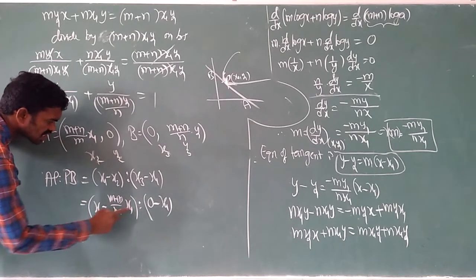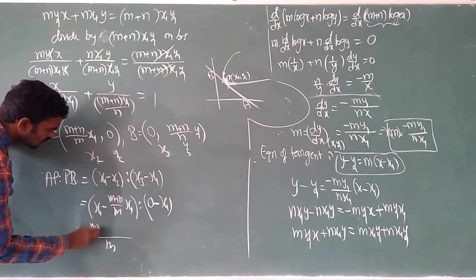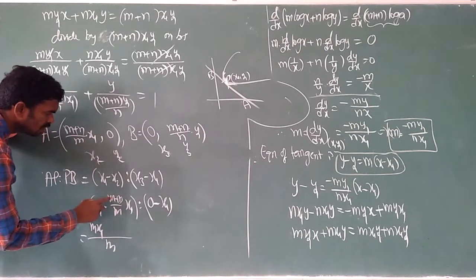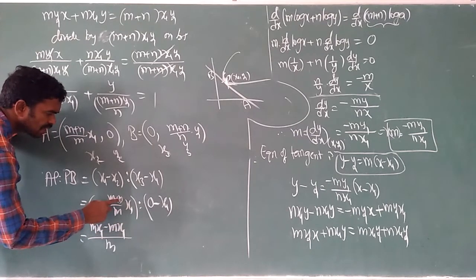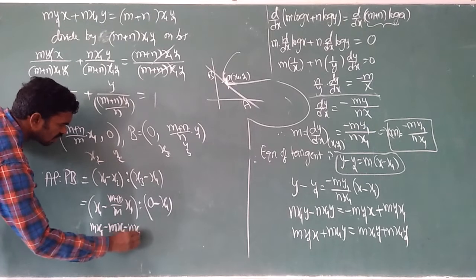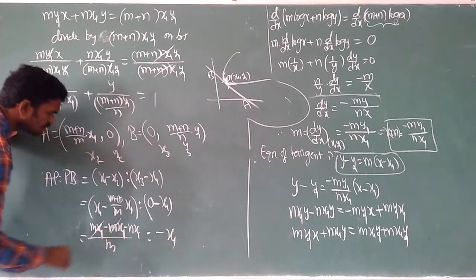Okay. So x1, x1 same, or take LCM: m x1 minus m x1 minus n x1. These two are the same terms, so let's cancel.